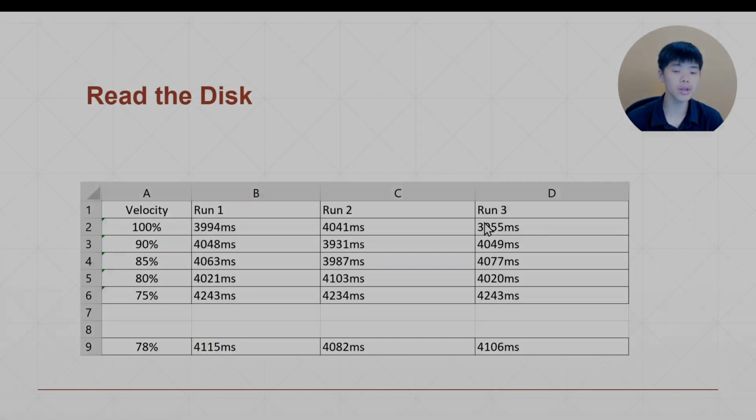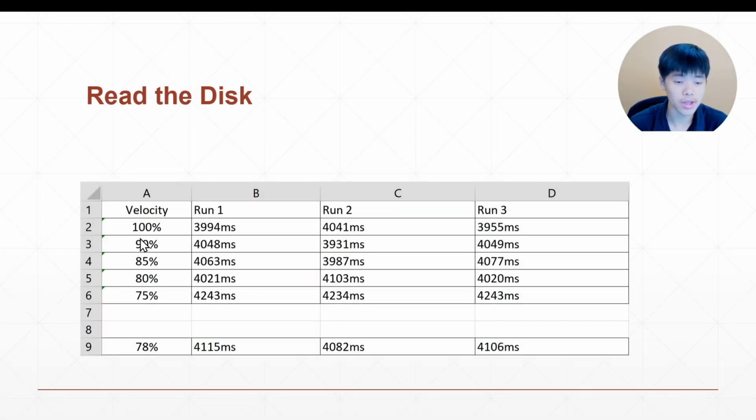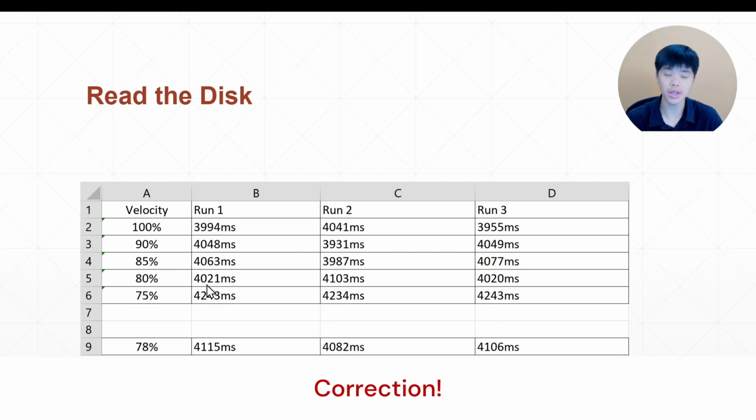So as you see here, at 100% velocity, the runs take an average of about 4 seconds. But same with the 90, and same with the 85, and same for the 80. So from 80 up, the run times are pretty much the same. But there's a pretty significant jump between 80 and 85.